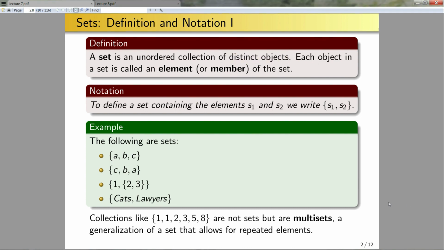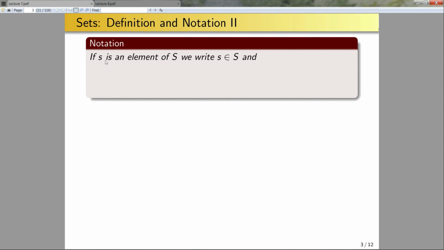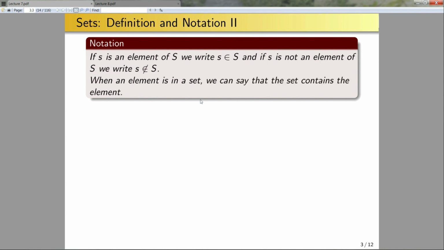Okay, now let's talk about a bit more notation. If little s is an element of some set capital S, I can write little s is in S using this notation here. And if little s is not an element of the set capital S, I can write little s is not in capital S via that notation. And finally, when an element is in a set, we say that the set contains that element. So let's see a quick example of this notation.